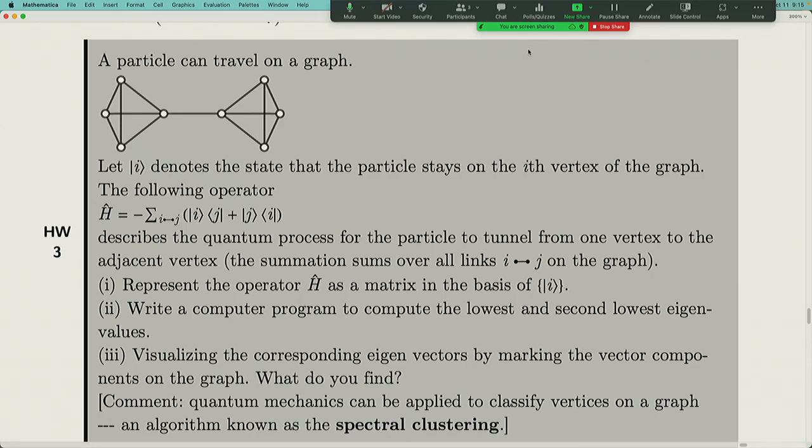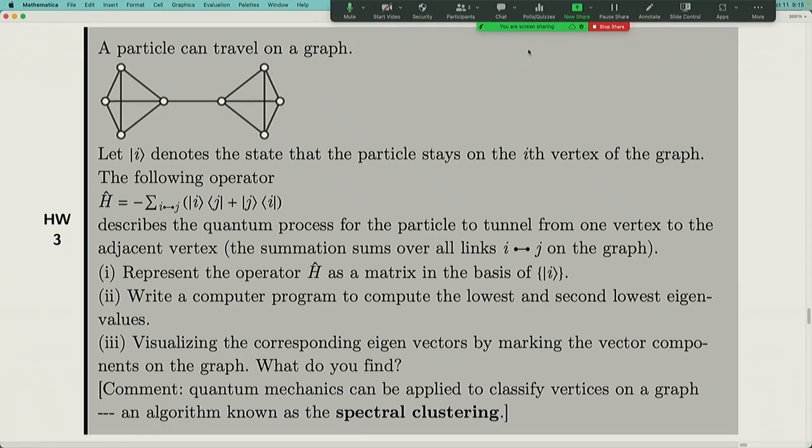This is very magical. This is a way to actually do clustering. If you have a bunch of objects interconnected with each other, it's like these people form a community and these people form another community. Within a community, every pair of people are friends with each other, but between the two communities, only the community leaders talk to each other.